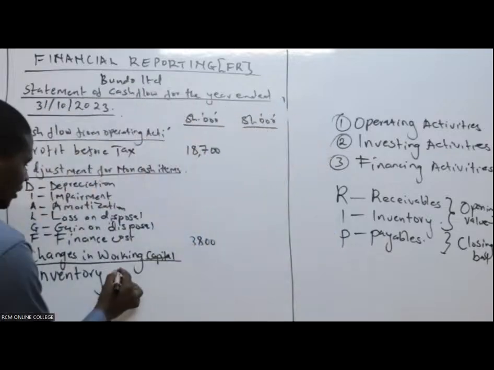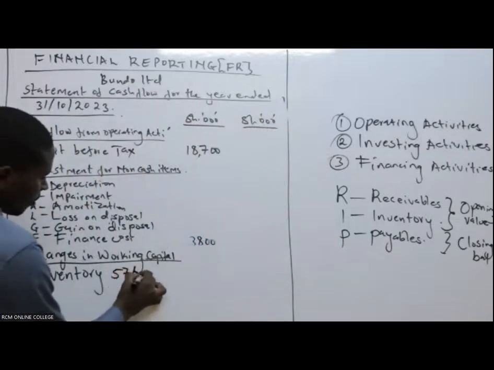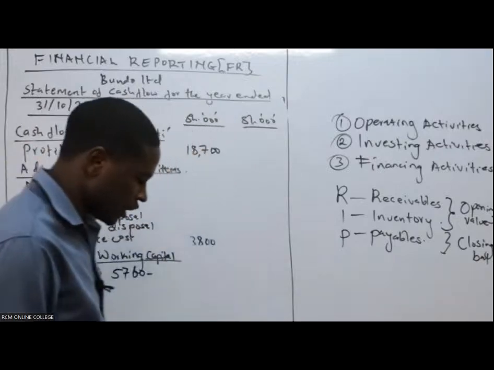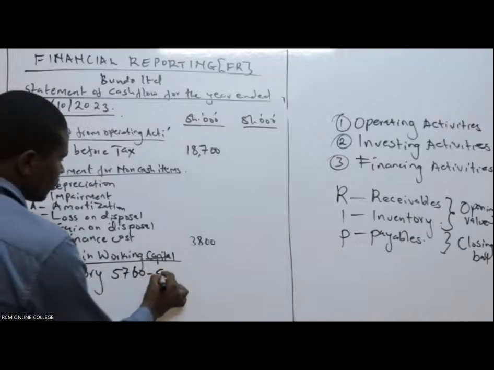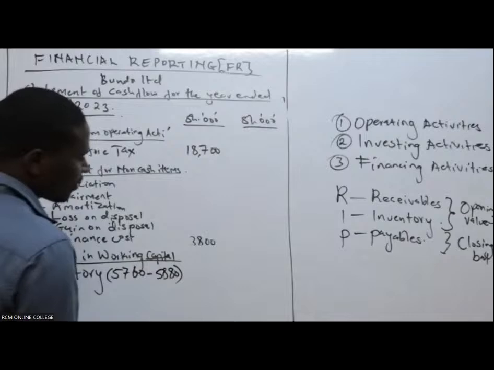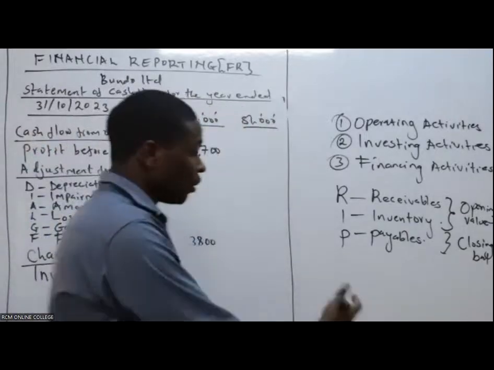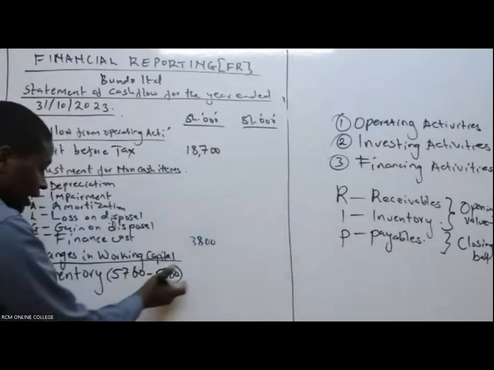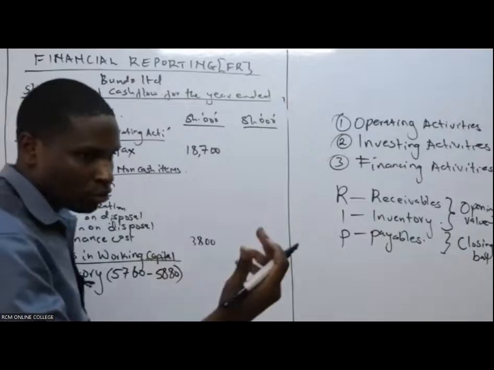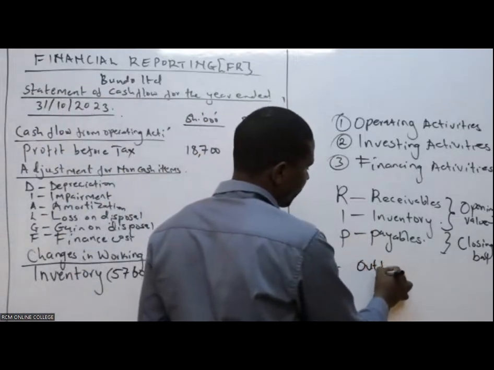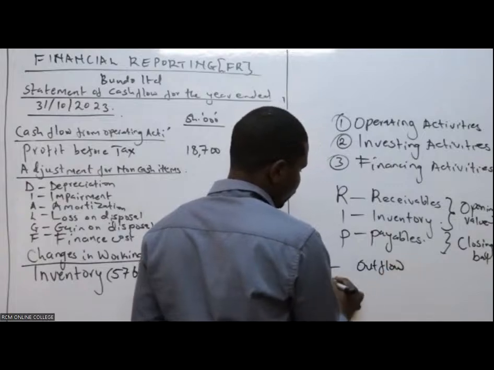So I'll just come here and say 5760 minus my closing balance for inventory is 5880. And then you give me the result, and the result must be put the way it is. If you get a negative, once you use this formula, put it as a negative, reflecting what? There was an outflow. Remember, negative hiyo ni outflow, positive ni inflow.